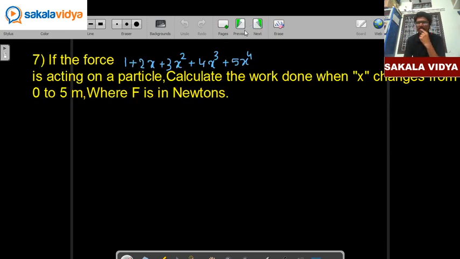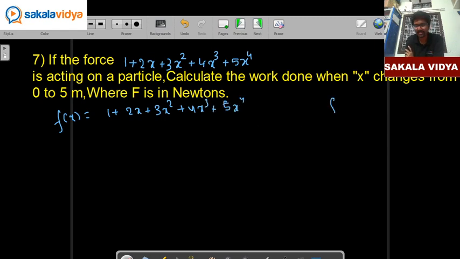If the force 1 plus 2x plus 3x square plus 4x cube plus 5x to the power of 4 is acting on a particle, calculate the work done when x changes from 0 to 5 meters, where F is in newtons. So simply, F of x is 1 plus 2x plus 3x square plus 4x cube plus 5x to the power of 4.